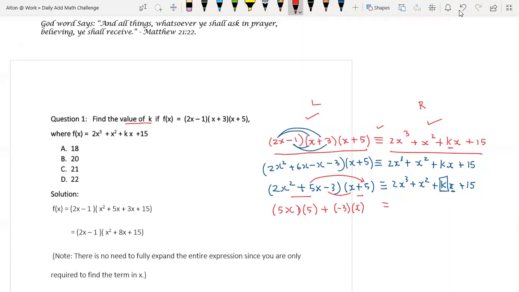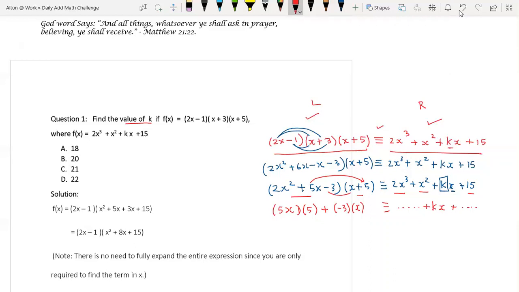And that will be identically equal to my term in x, which is kx. So I need not focus on any term in x cubed, x squared, even the constant, because I was not asked about that. So let's simplify.